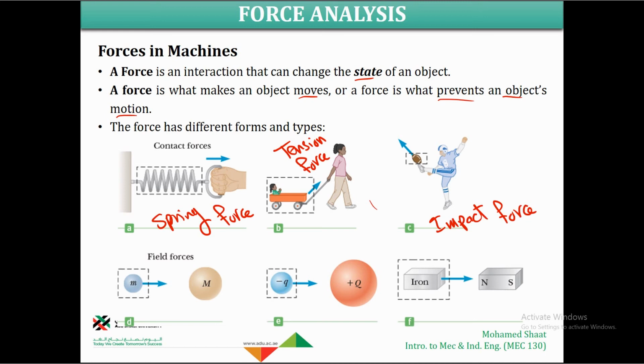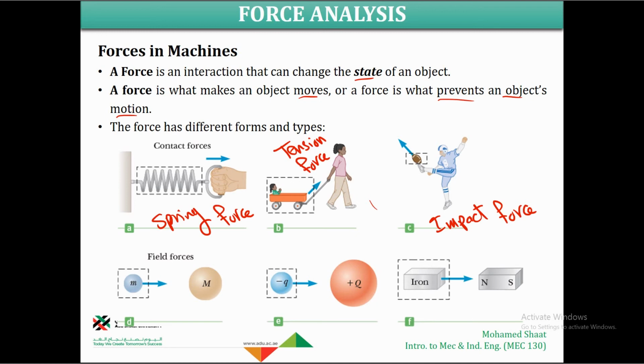It takes a few parts of a second to accomplish this hit, or the foot hits the soccer ball to kick it. So it is an impact force that is applied and suddenly removed, just applied suddenly at one instant of time. This is known as impact force.